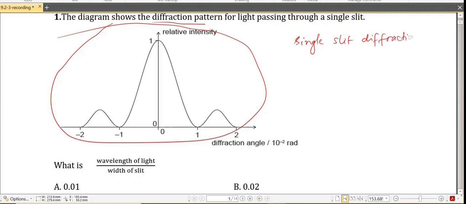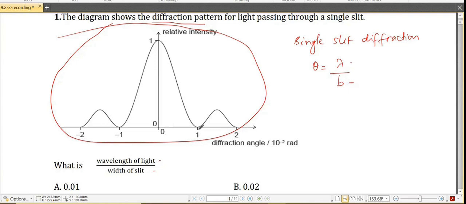So, which is the equation dealing with single slit diffraction? That is theta equal to lambda upon b. Lambda is the wavelength of light, b is the slit width. Yes, let's look at this. This is the wavelength of light upon the slit width, which means the question is asking for theta.